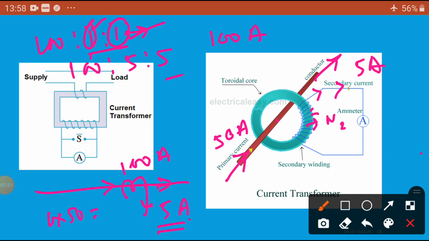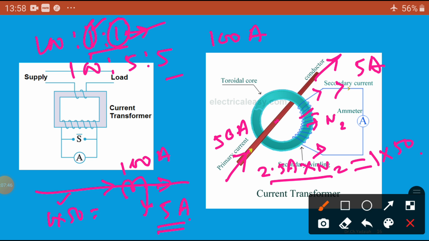If 50 amperes is now flowing in the primary, the current is only 2.5 amperes, so 2.5 amperes flows in the secondary. What is the mmf? 2.5 into N2 number of turns. So this value is equal to this value, 1 into 50 amperes.